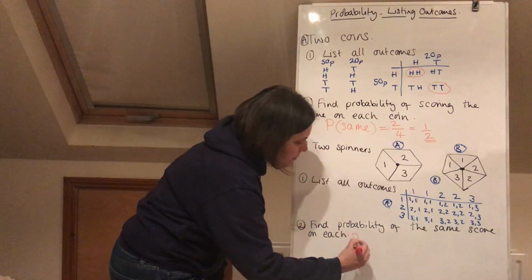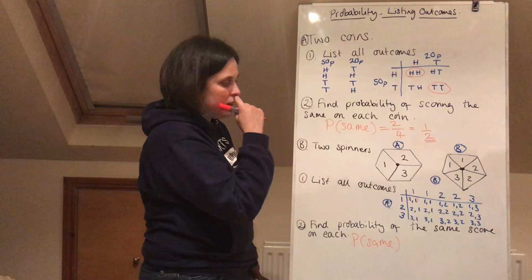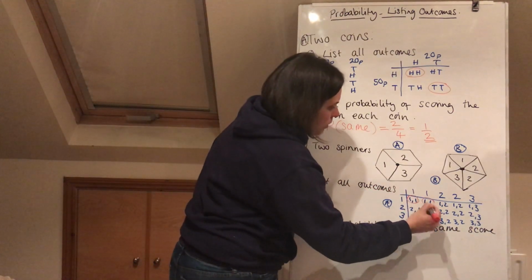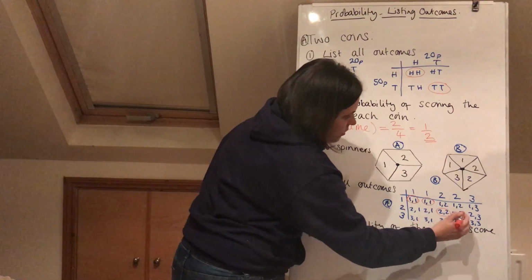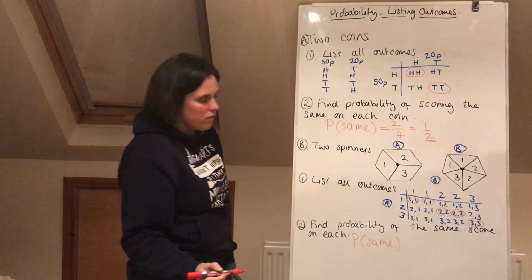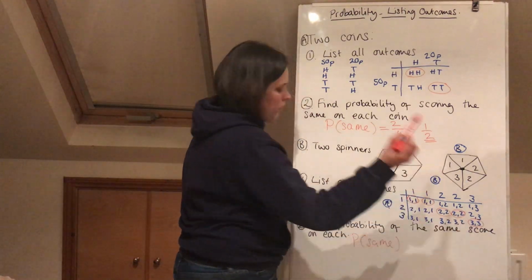Now, same thing again, probability of them being the same. We can go around and we can just circle them. So 1, 1, 1, 1, 2, 2, 2, 2, and there's a 3, 3. So altogether we've got 1, 2, 3, 4, 5.